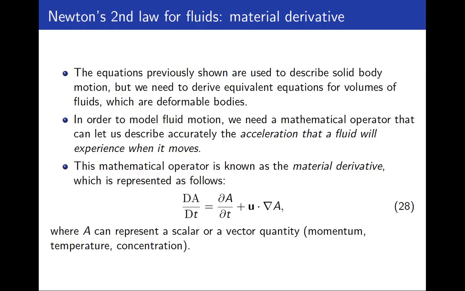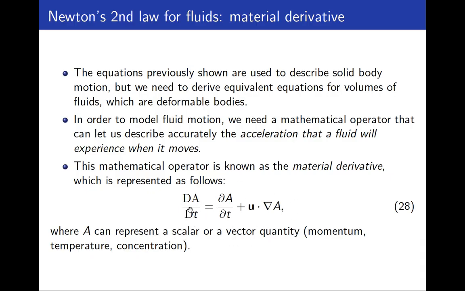But what if we wanted to study fluids, the motion of fluids? So we need to derive equivalent equations for volumes of fluids. In order to model fluid motion accurately, we need a mathematical operator that can let us describe the acceleration that a fluid will experience when it moves. This mathematical operator is known as the material derivative, which is represented as follows.